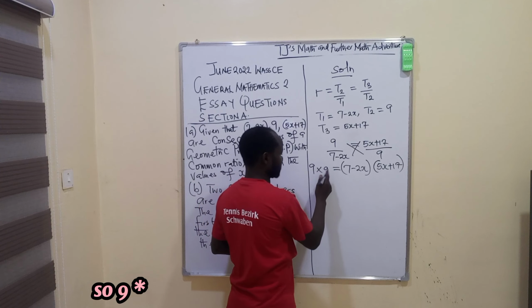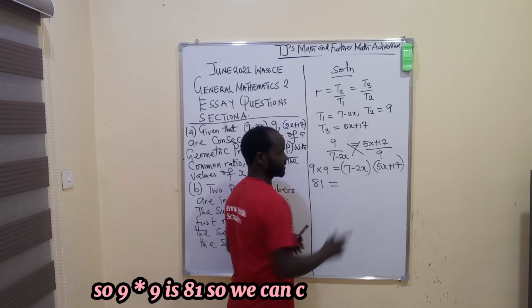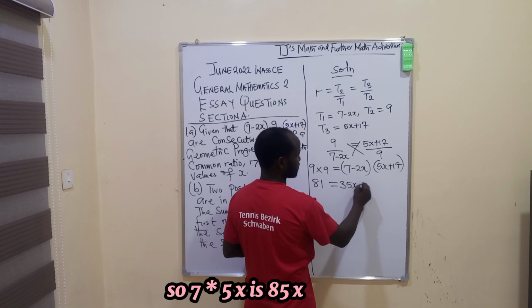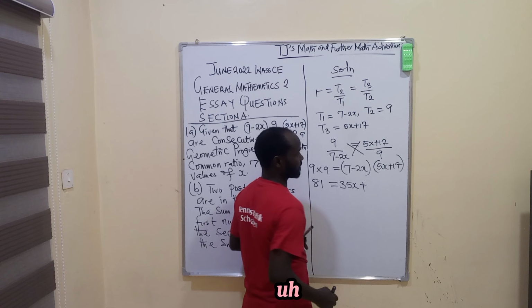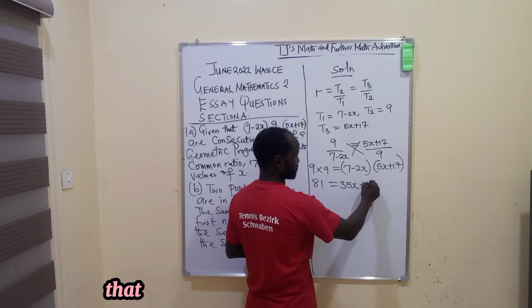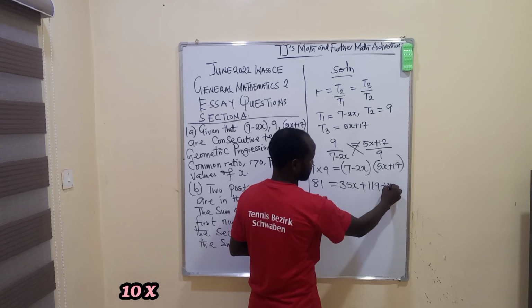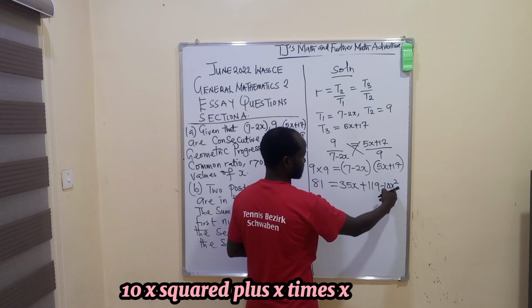So 9 times 9 is 81, and we can clear the bracket here. 7 times 5x is 35x, plus 7 times 17, that will be 119. We're through with the first term here. We'll pick the second one: minus 2x times 5x, that will be minus 10x squared.